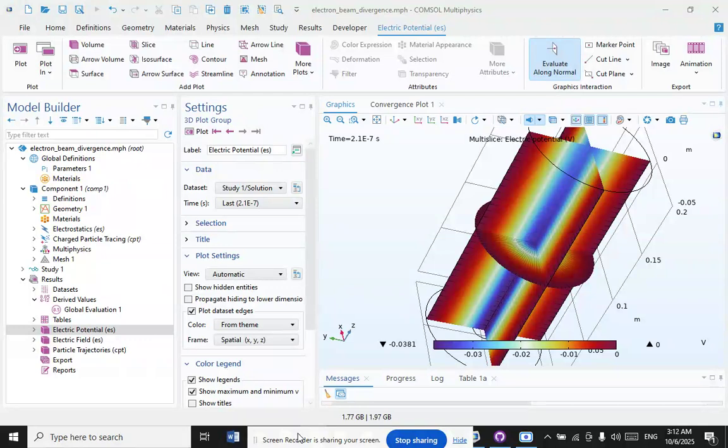A mesh refinement study confirms that the solution agrees with the analytical expression for the shape of a non-relativistic paraxial beam envelope.